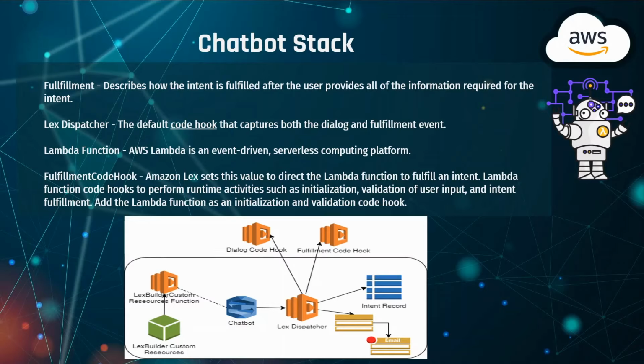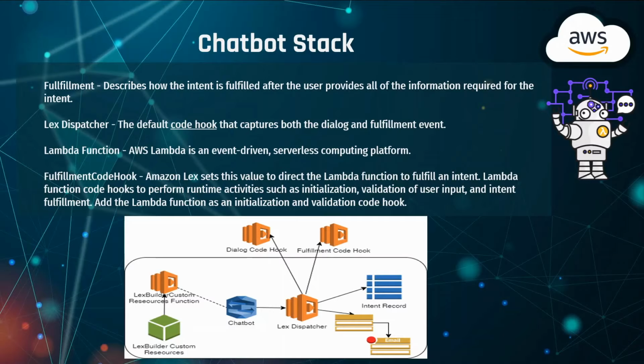Amazon Lex sets its value to direct the Lambda function to fulfill an intent. Lambda function code hooks perform runtime activities such as initialization, validation of user input, and intent fulfillment. So we are going to add the Lambda function as an initialization and validation code hook in our setting.